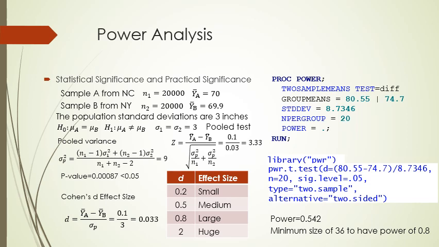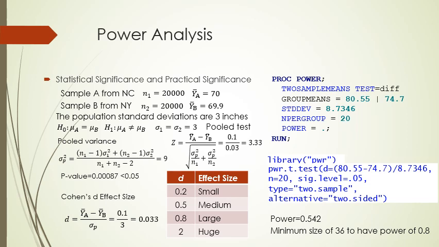The sample means are 80.55 and 74.7. The pooled sample standard deviation SP is 8.7346. We may have all these numbers from the results in the last slide.